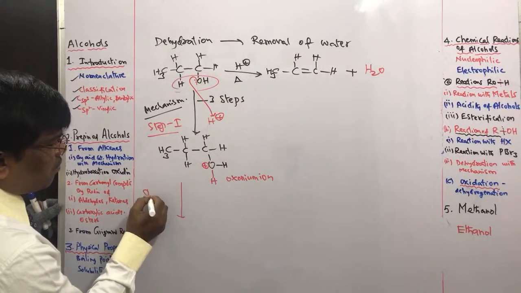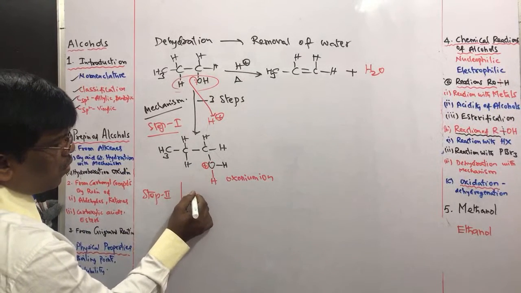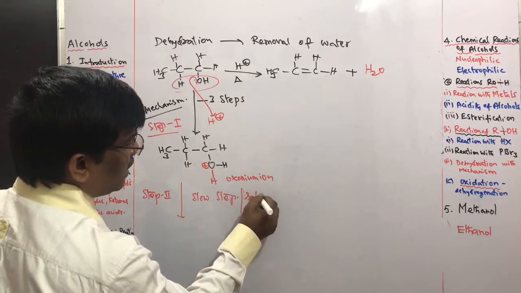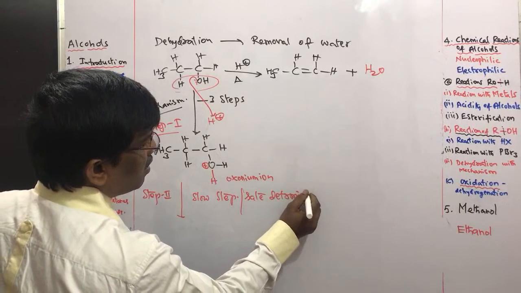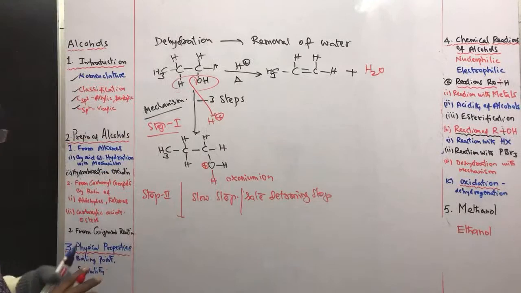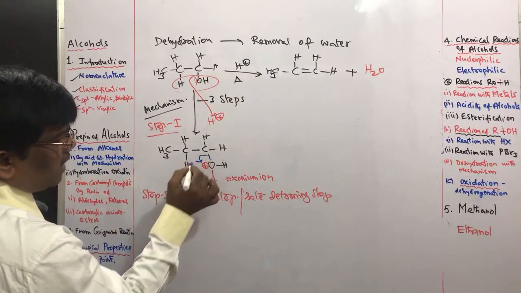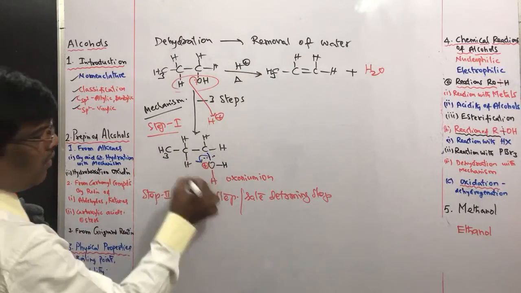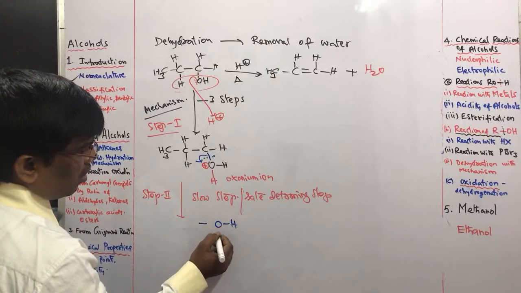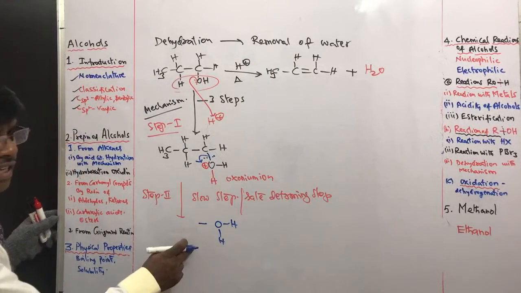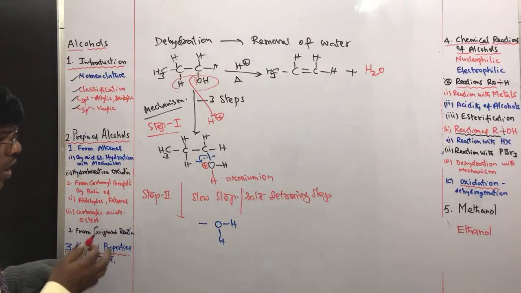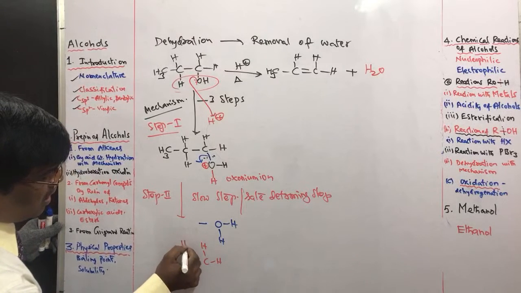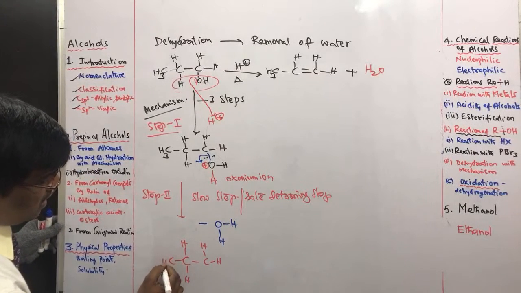Now the slowest step, step 2, is the slow step, which is the rate determining step: losing a water molecule, where the oxygen and carbon bond is cleaved and it goes out as water to give a carbocation.